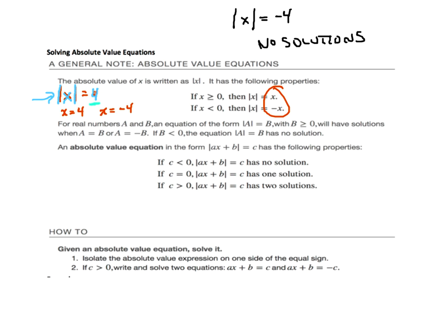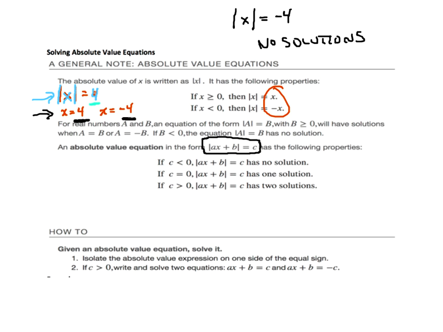So when you are setting an absolute value equation up, you pull the expression that's on the inside of your absolute value out, and you set it equal to the value in the positive direction and the value in the negative direction.